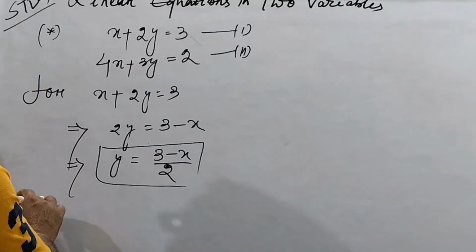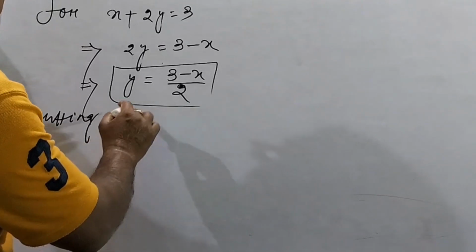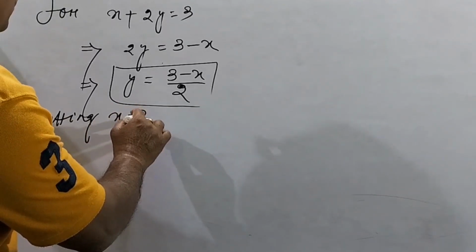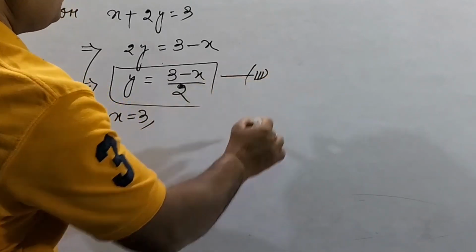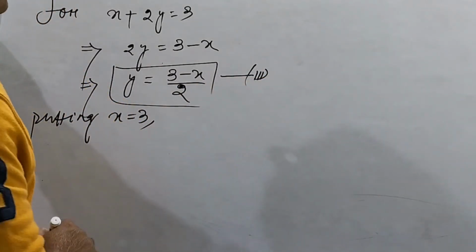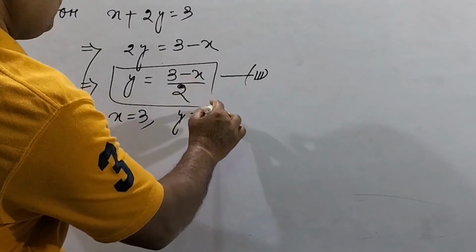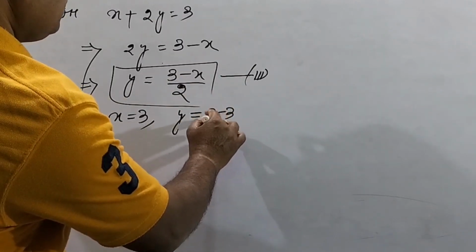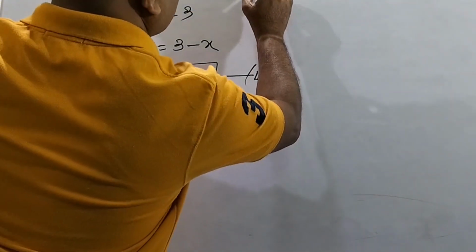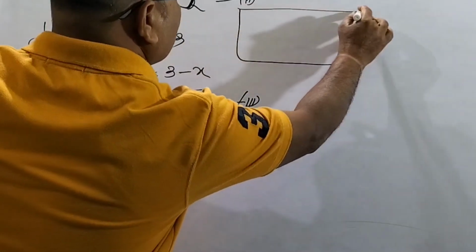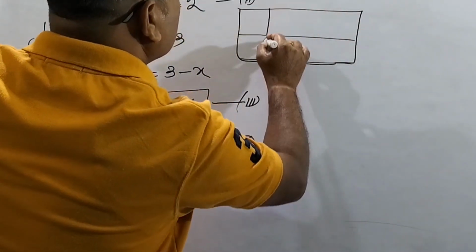Now putting x equals 3 in equation, suppose this is equation 3. Putting x equals 3 in equation 3, what will we get? y equals (3 minus 3) by 2, that is 0. Here I'll get the box. I'll take 3 points.